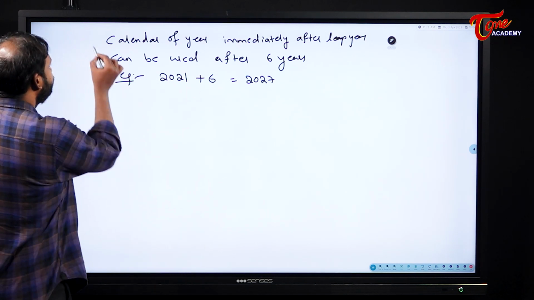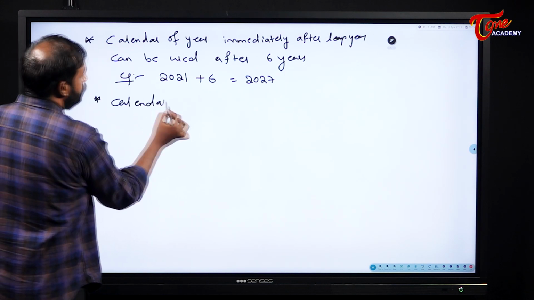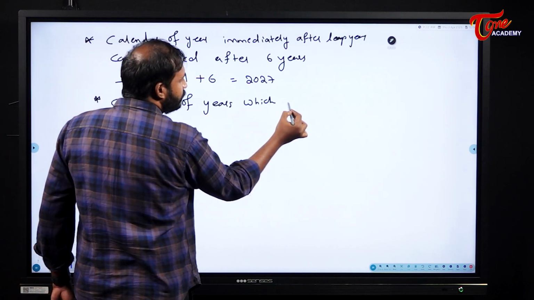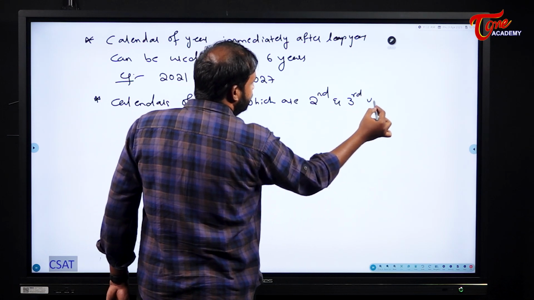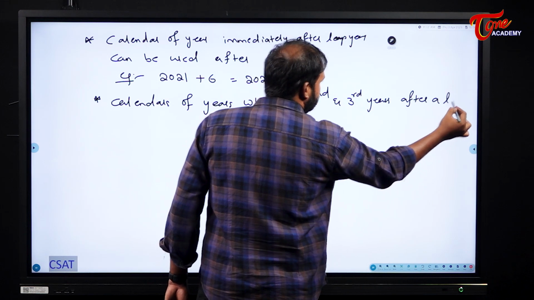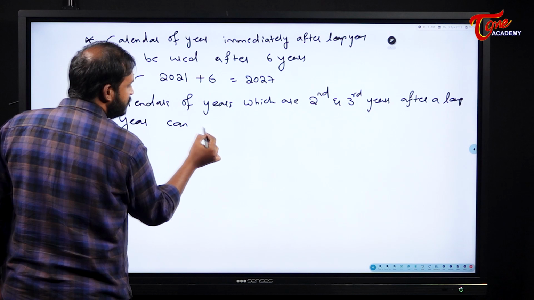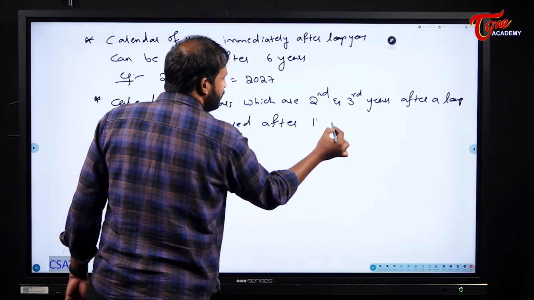Next, similarly, this is the first point. Next, calendars of years which are second and third years after a leap year can be used after 11 years.